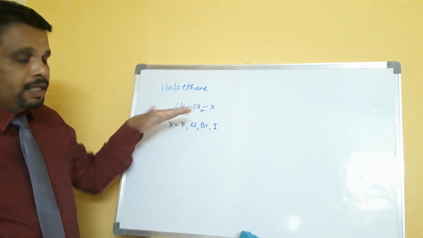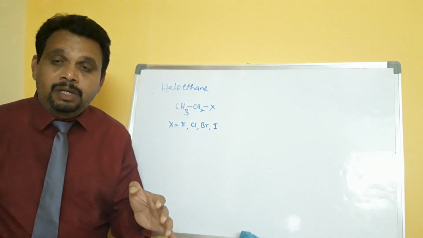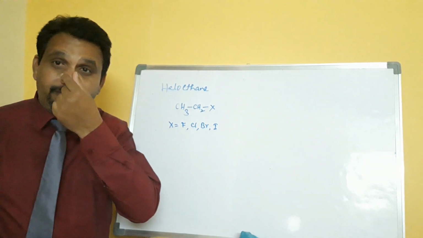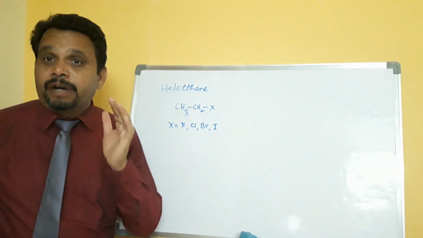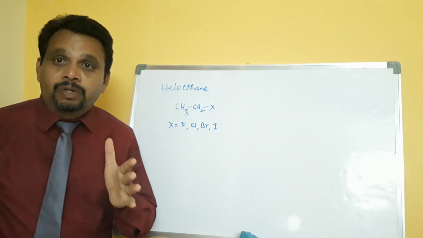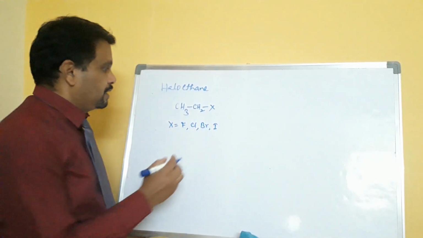With this structure, how many conformers are possible, which is more stable, and why is it more stable? These are the things you should learn.